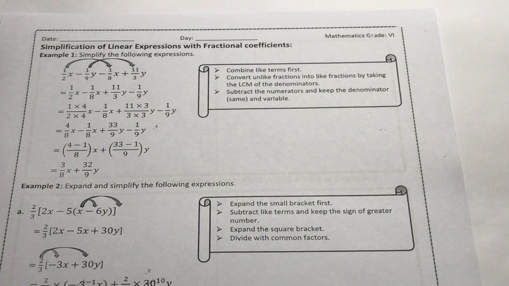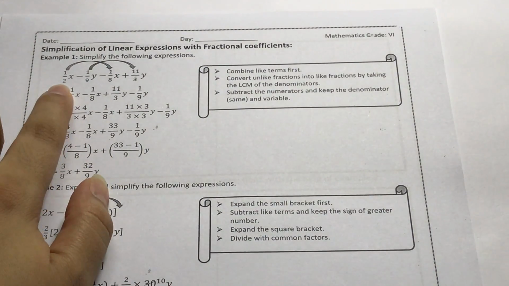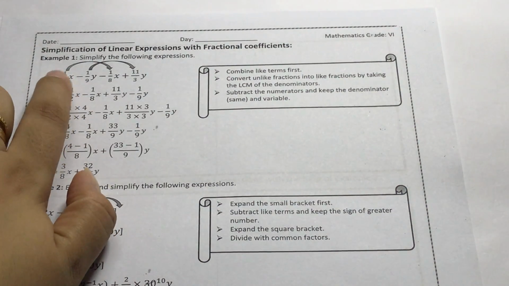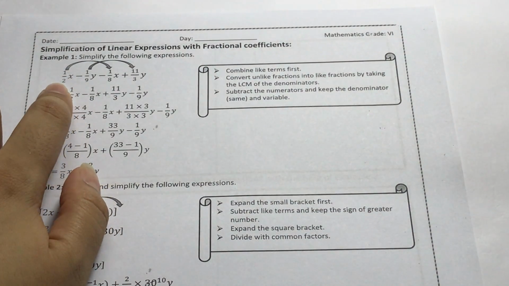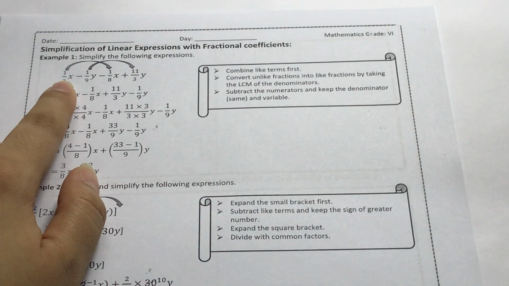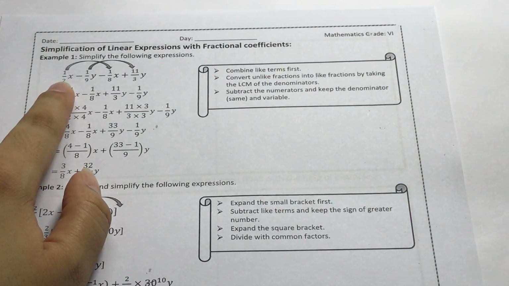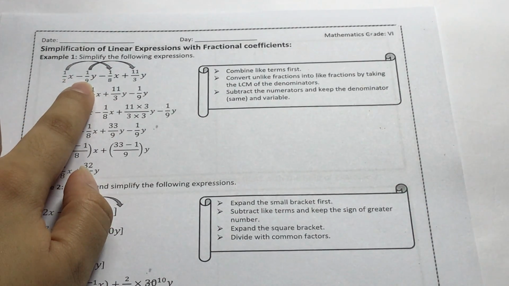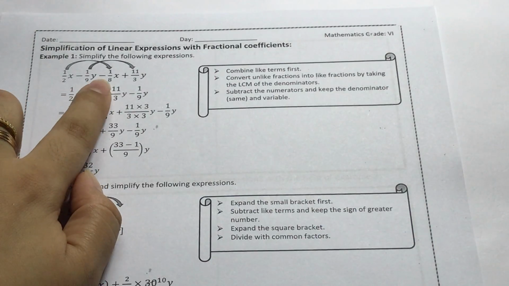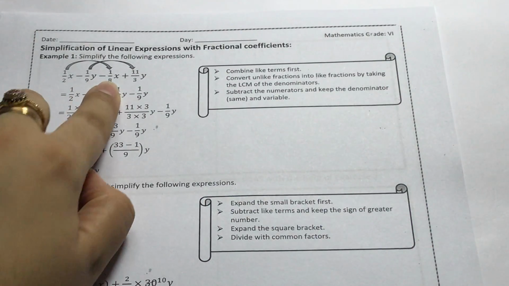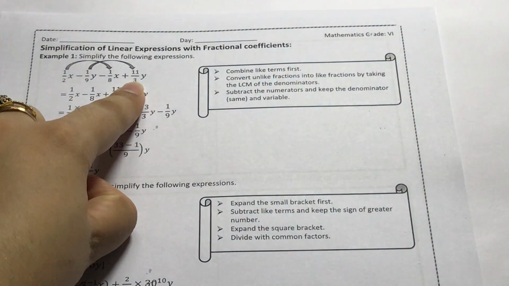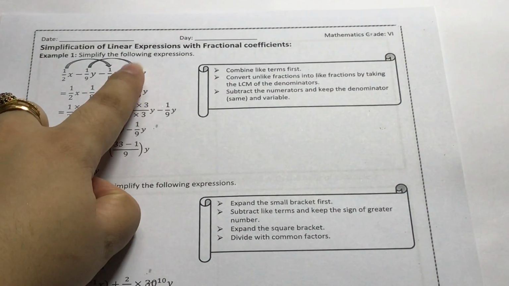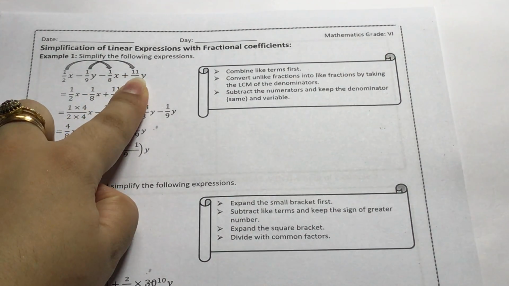We have discussed in our previous lessons that the coefficient is the constant number that is written before your variable. For example, in this sum you can see 1 over 2 is the coefficient of the variable x. 1 over 9 is the coefficient of the variable y. 1 over 8 is the coefficient of the variable x again, and 11 over 3 is again the coefficient of the variable y.